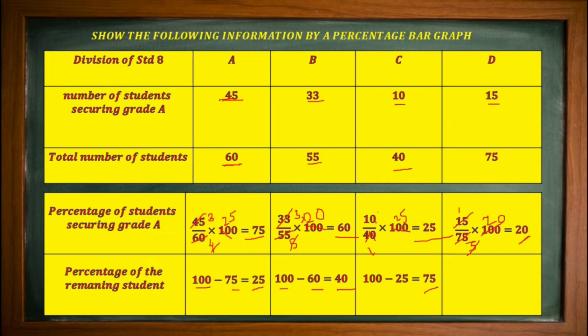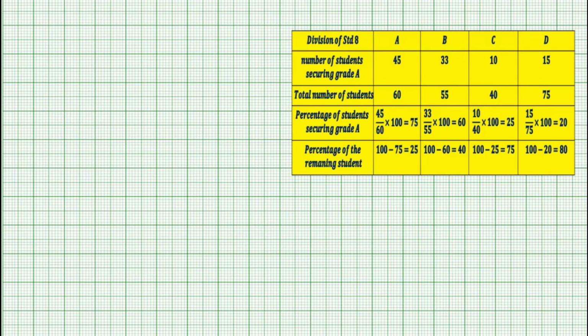So 20% of students of division D secured grade A. 100 minus 20 would be 80, so 80% students are remaining without securing grade A. Now we have the data for the percentages of divisions A, B, C and D of standard 8, so we can now easily draw the bar graph.